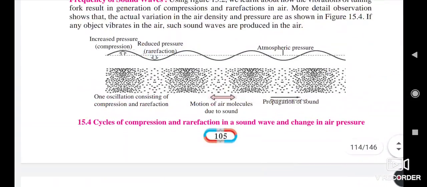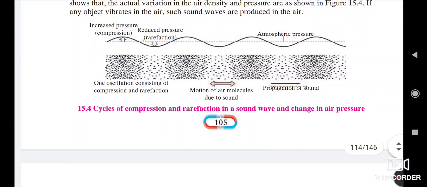So in this figure we saw the frequency of sound waves, and we calculate the frequency in 1 second. The more vibrations, the more frequency in the air.